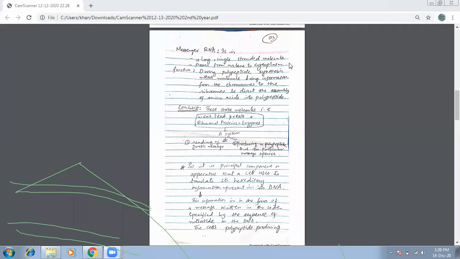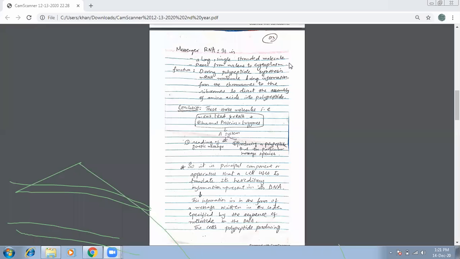So the three kinds of RNA, the ribosomal proteins and the enzymes are the principal components or apparatus that a cell uses to translate its hereditary information present in its DNA.